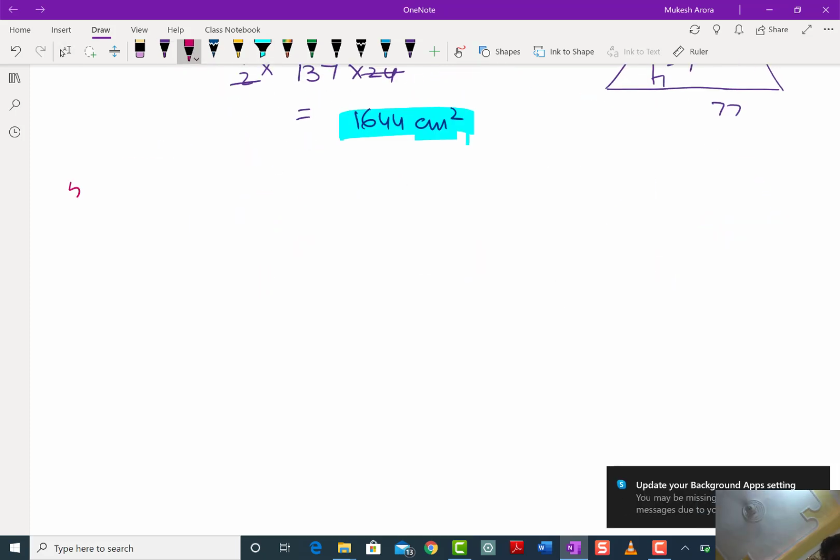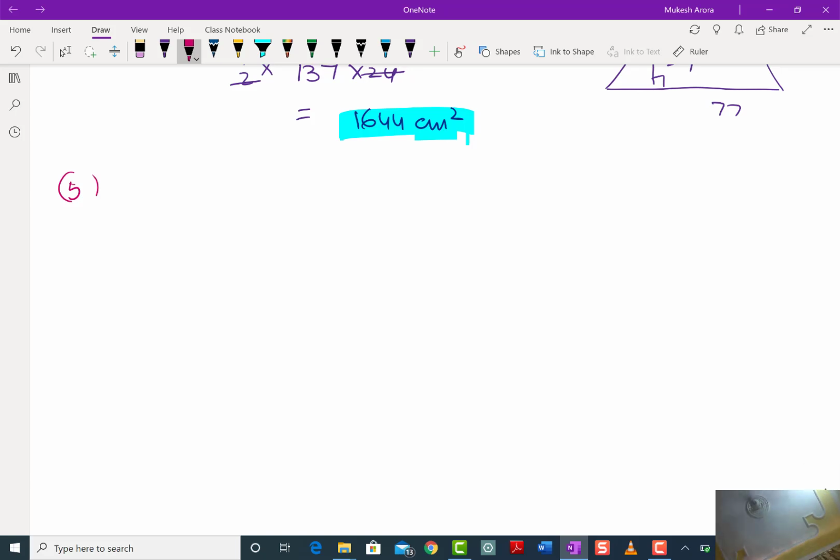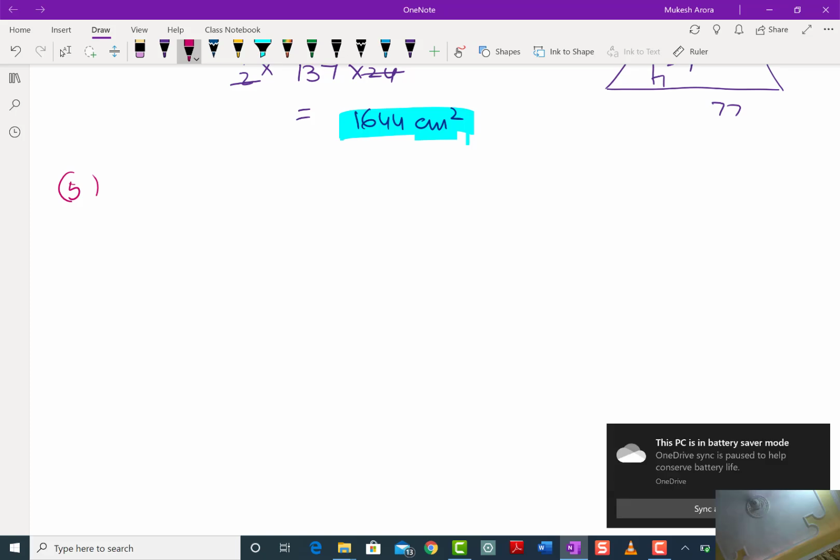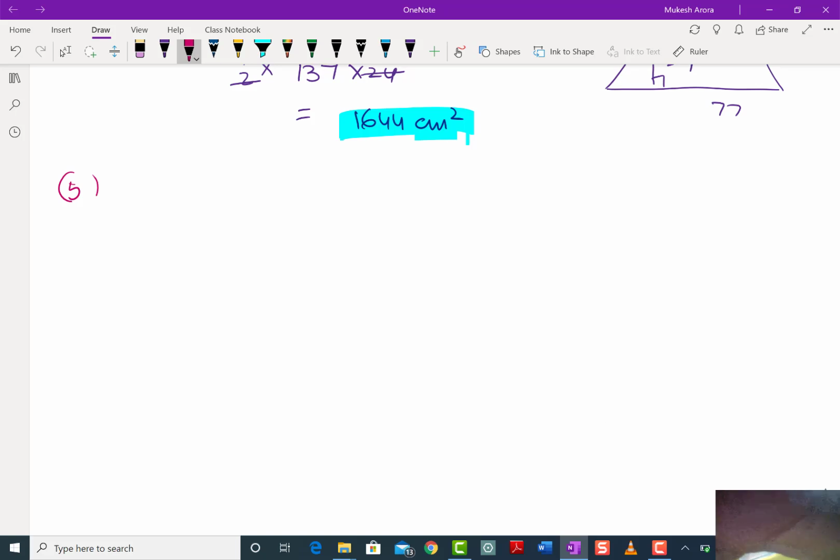Question number 5. Question number 5 is, this is also an important sum. The park is in the shape of quadrilateral ABCD.